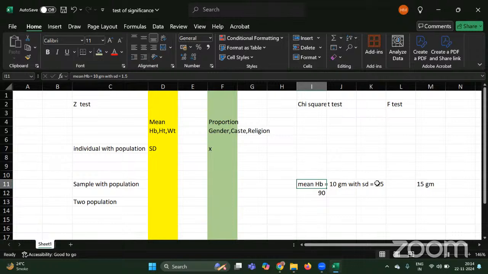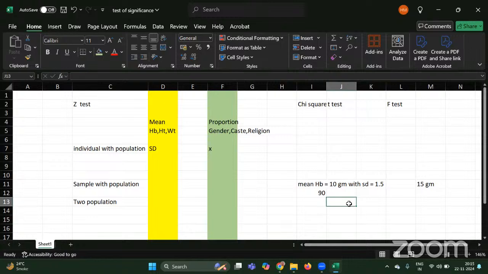So the answer is like this. What is the likelihood the person with 15 gram belongs to this group? We can answer two ways. The distance between the individual and the mean. The individual is 15 gram, the mean is 10 gram. So the distance between 15 gram and 10 gram is 5 gram.